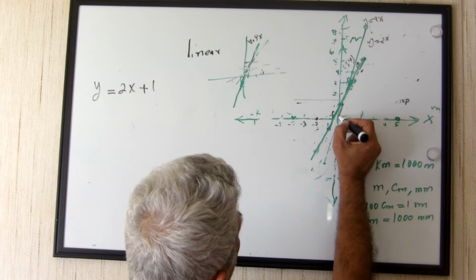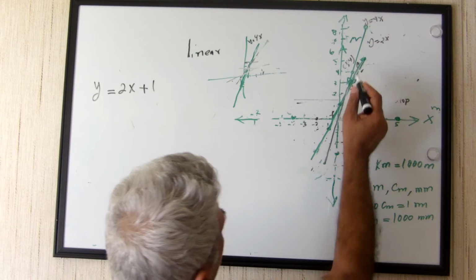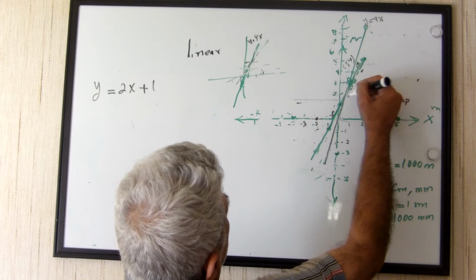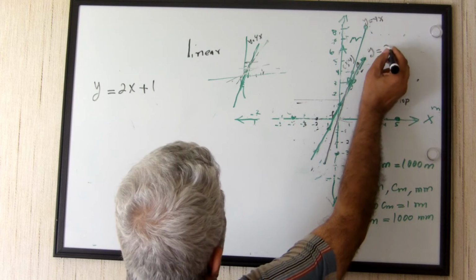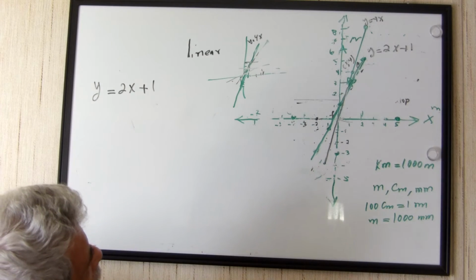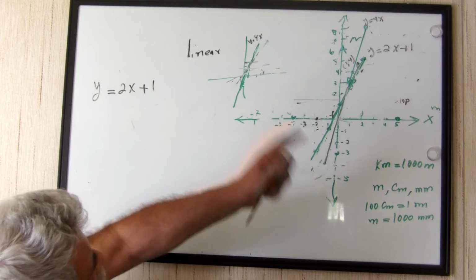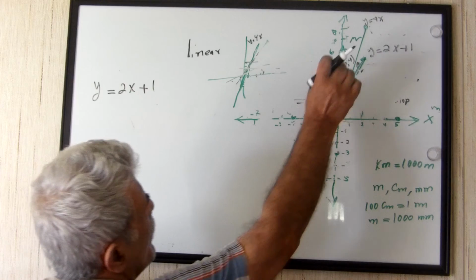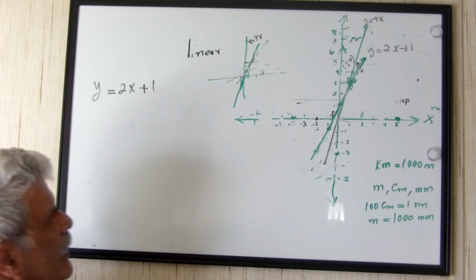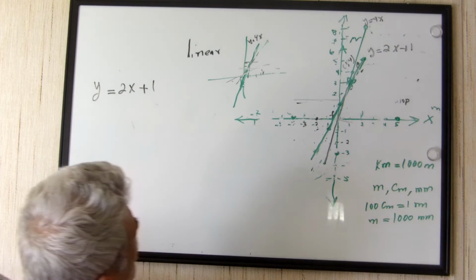This function was y is equal to 2x plus 1. What we did was give values to x and find the y values, locate the points, and then connect those points together. We graph the function.